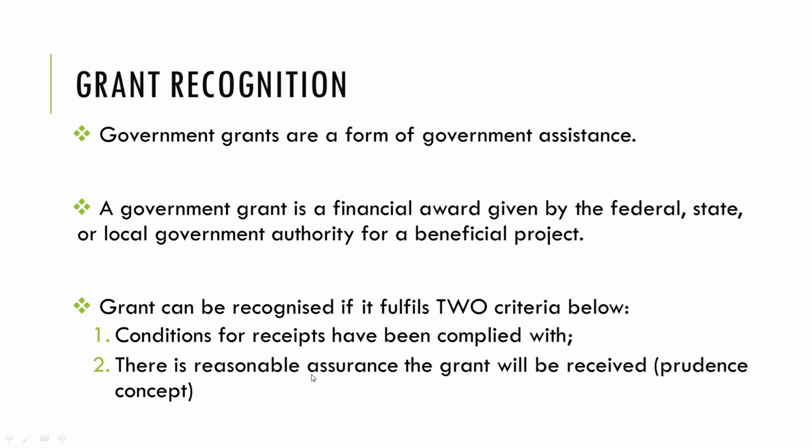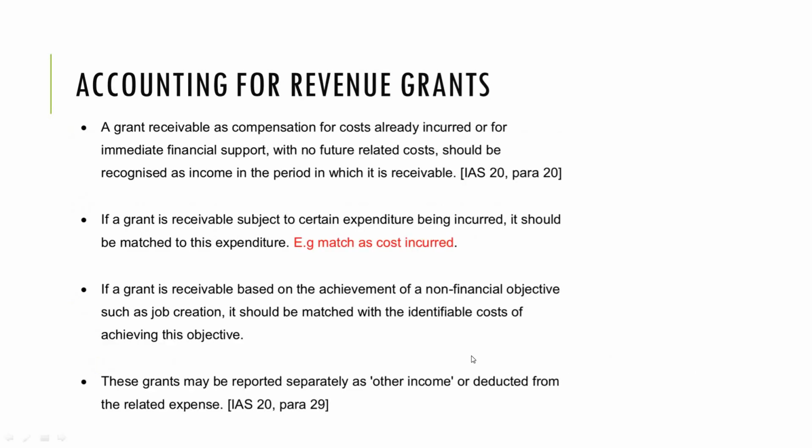And secondly, they are confident, or in other words, they have reasonable assurance that they will receive the grant. So if these two conditions have been fulfilled, they can recognize the grant as part of their income.